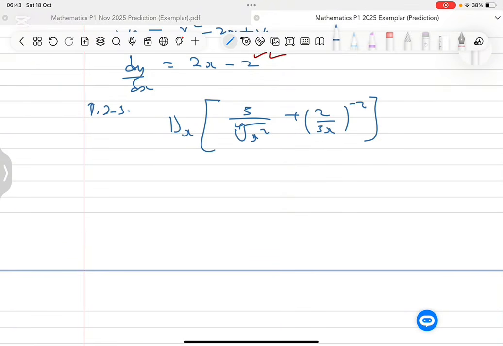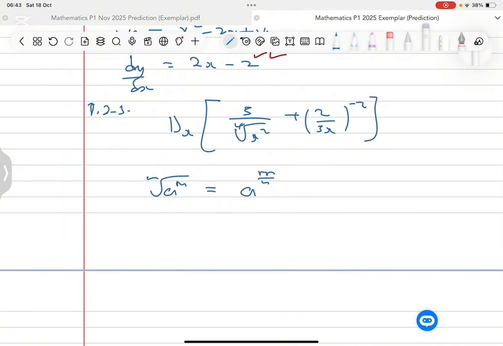Now, there's a couple of things that we need to remember when we do this question. The first one really is the fact that if you have the nth root of a to the power m, this is the same as having a to the power m over n. So I'm going to change this to that.